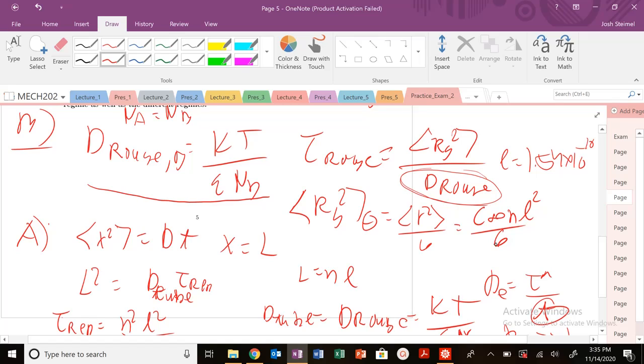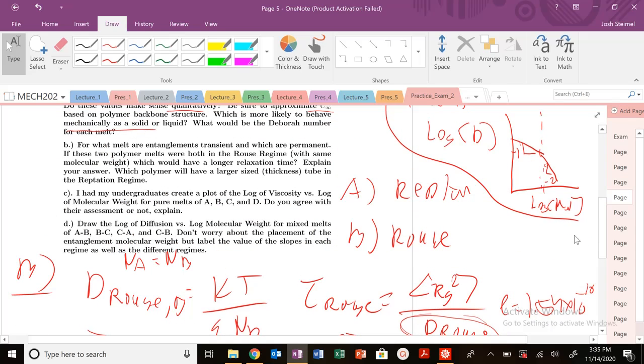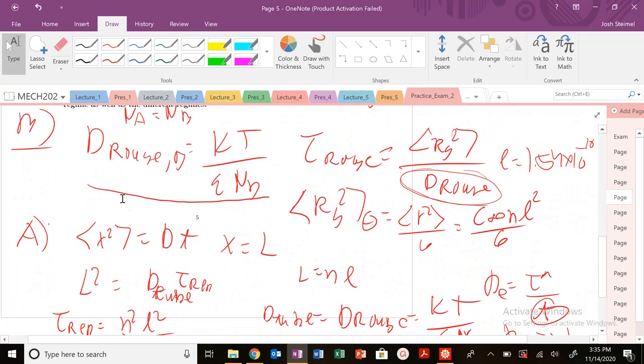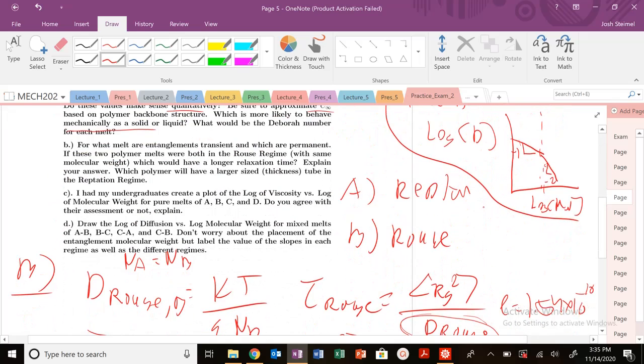And we know that the Rg squared, if we have the same molecular weight, and actually this is a little typo there, it shouldn't be the same molecular weight. Basically, they have the same degree of polymerization, because that'll change your answer a little bit. But let's say they have the same degree of polymerization, and everything else is the same. L is the same, everything. The only thing that's going to change is C infinity. So when we look at our polymers, the longer relaxation time will be, again, polymer B, because of those fluorine groups. And that's that answer.